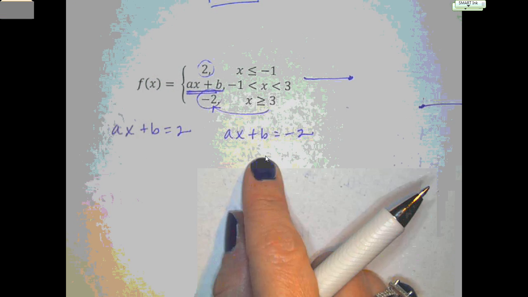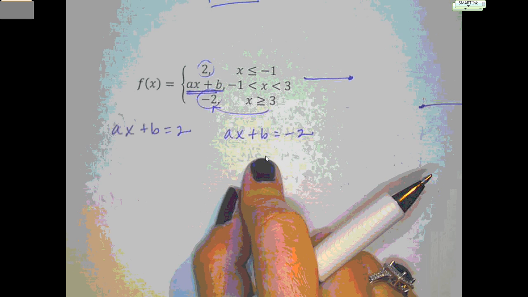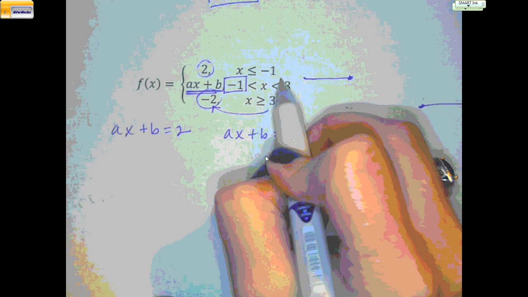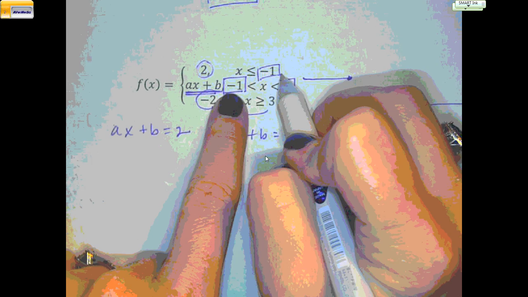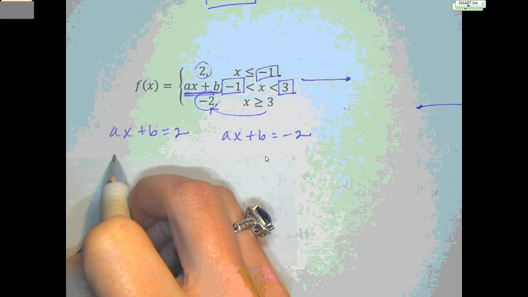I think we can do something with the X. What can we do with the X? If I plug in negative 1 here, I should also get 2. So let's make this X a negative 1.